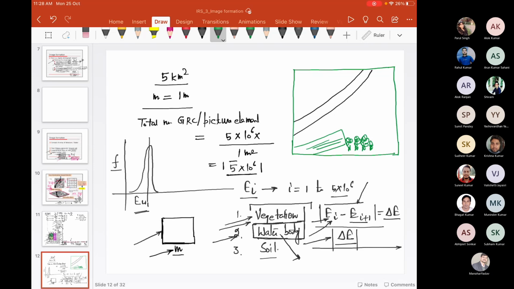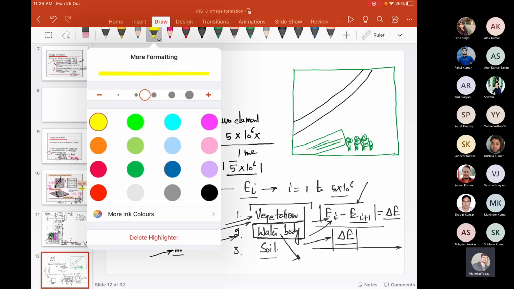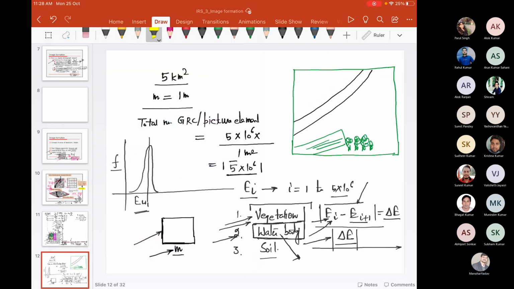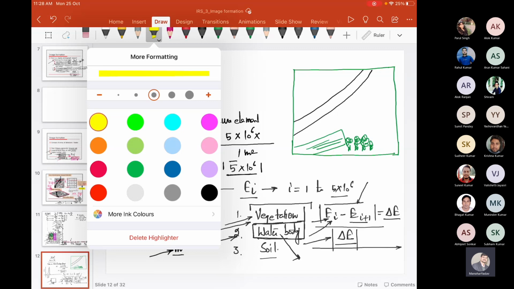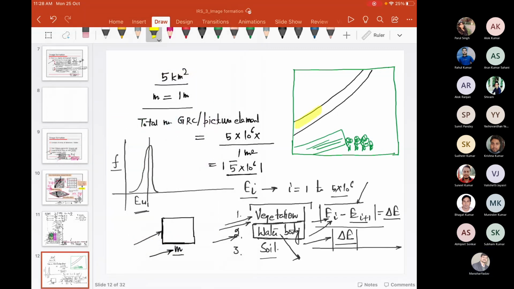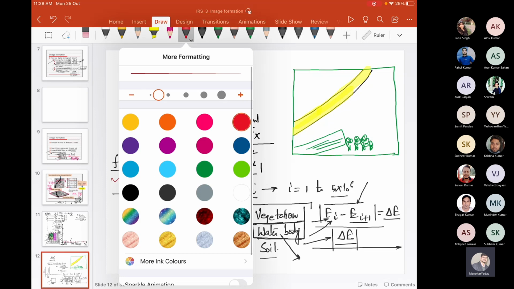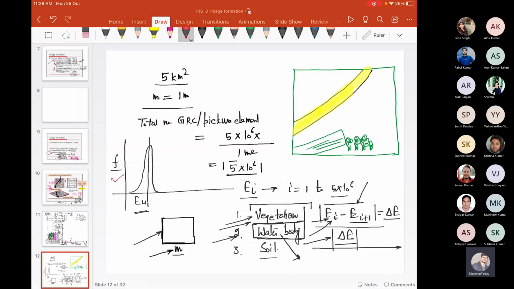Okay, now let's say if the characteristic of water is uniform throughout this channel, okay, then you will get this type of histogram for energy components which are from these ground resolution cells.